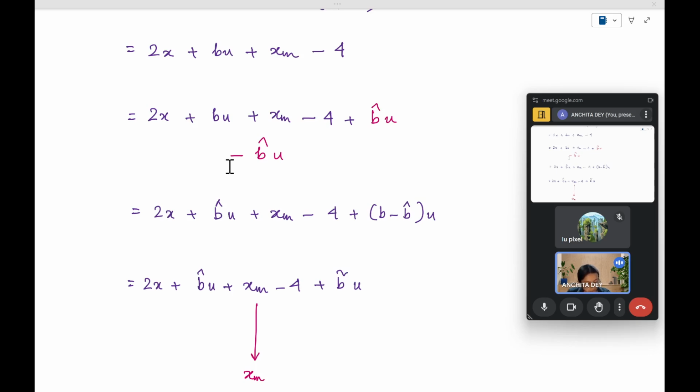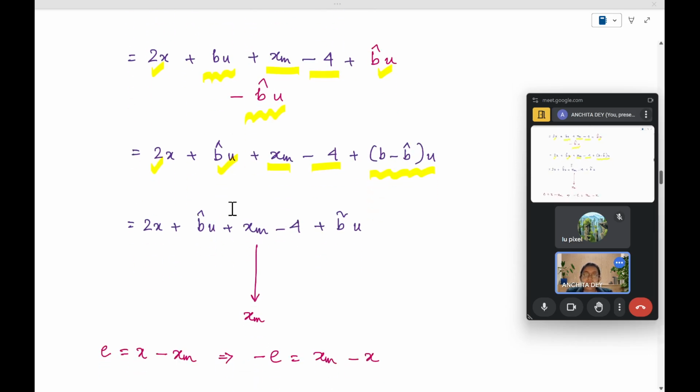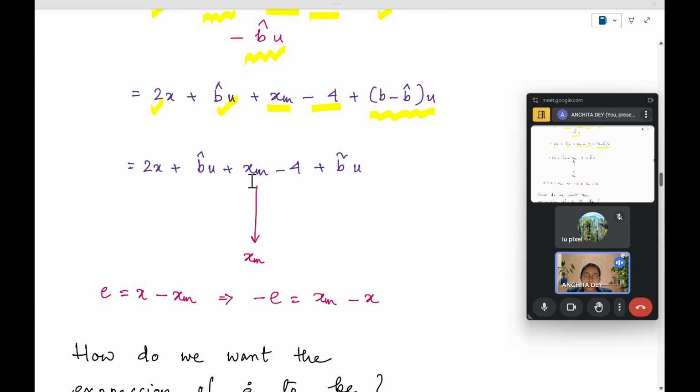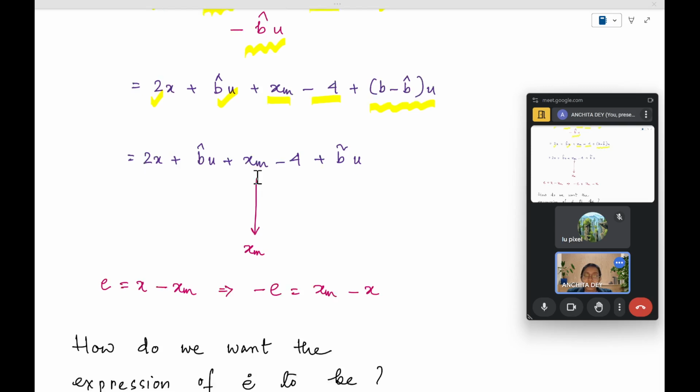Arranging the terms here, we have this 2x, this b hat u is coming on this side, xm is here, minus 4 is here, and bu - b hat u is written as (b - b hat)u. So now you have 2x + b hat u + xm - 4 + b tilde u, where I'm calling b - b hat to be b tilde. This is the error in learning the parameter b. This is the true value and b hat is the estimate, so b tilde is the error in learning b.